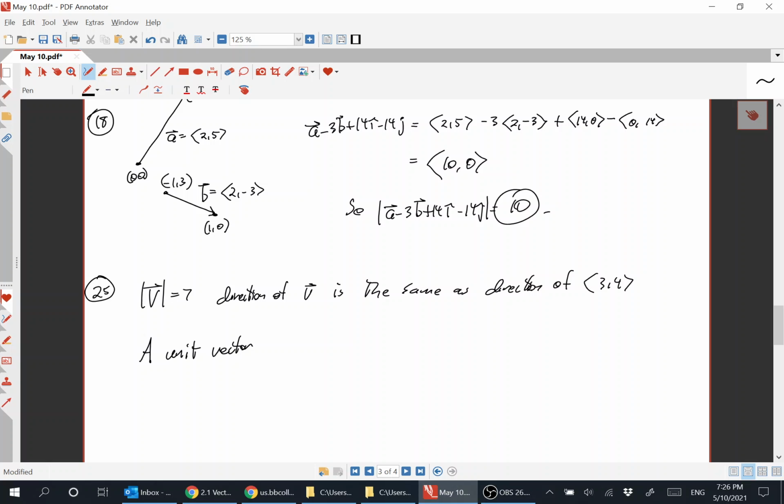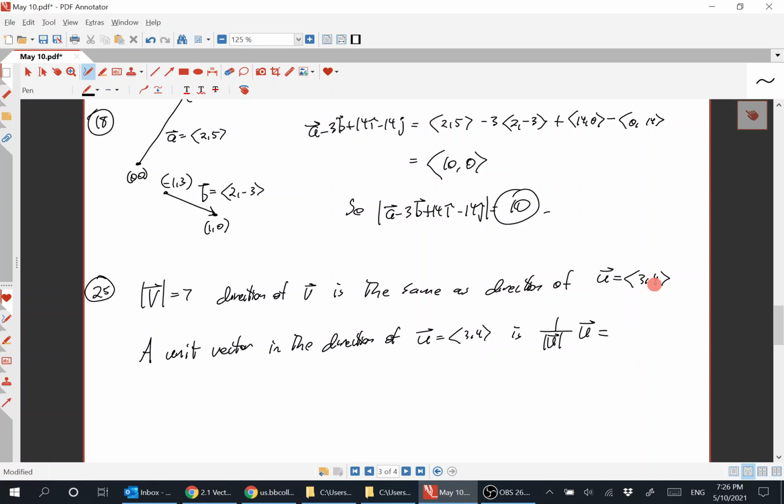So a unit vector in the direction of, I guess we'll call it u because that's what they're calling it, is 1 over the length of u times u itself.